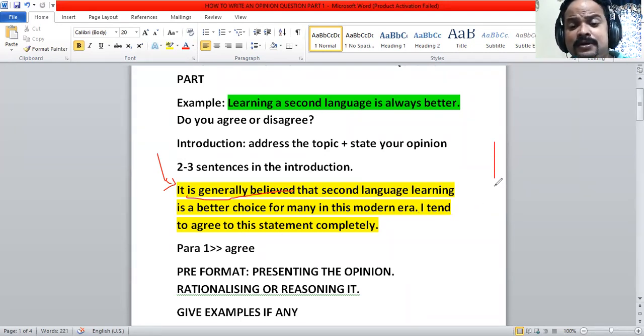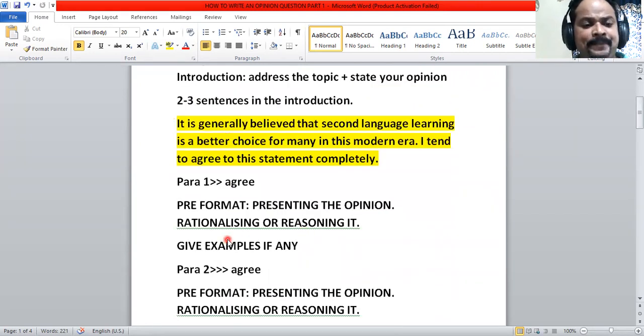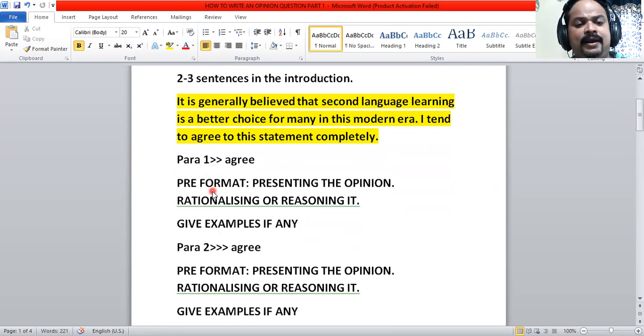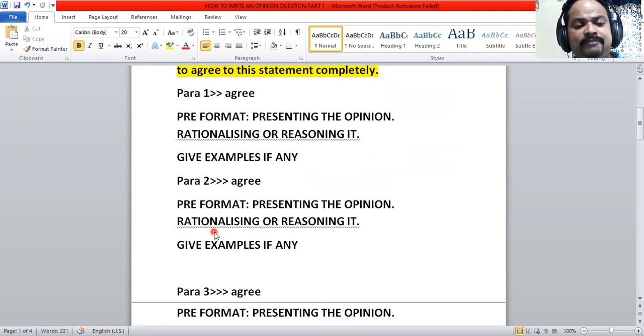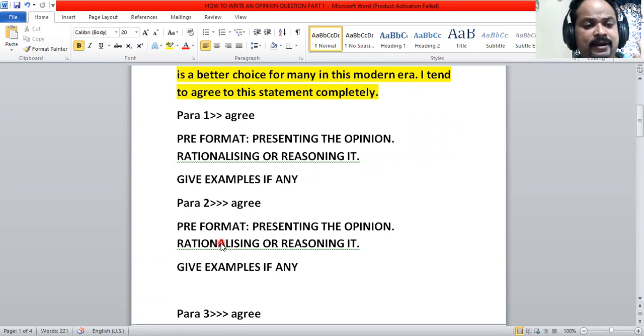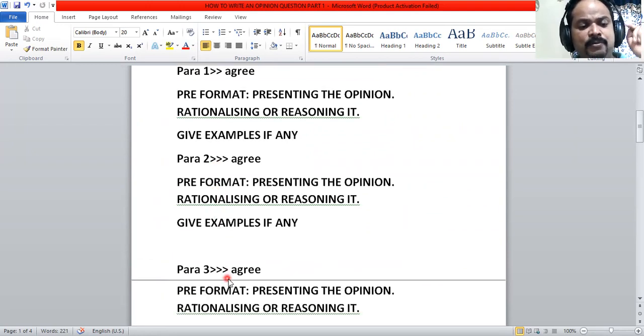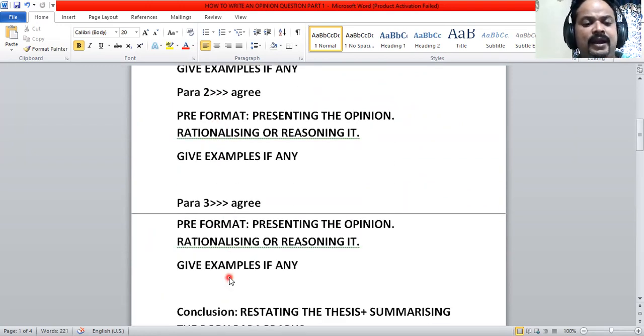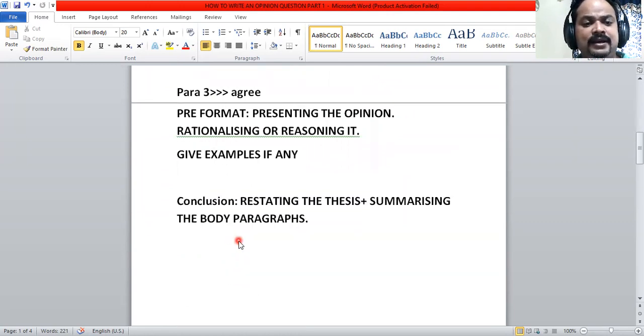But your thesis was, I tend to agree to this statement completely. For this thesis, I have given this format: body paragraph 1, body paragraph 2, and body paragraph 3, and then the conclusion.